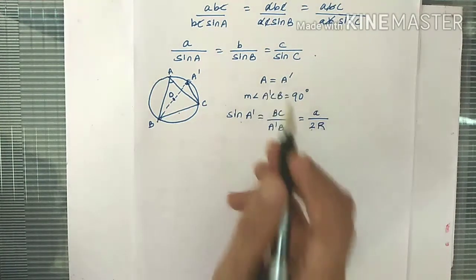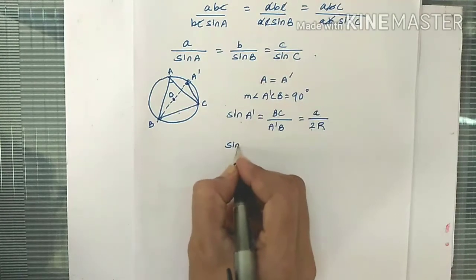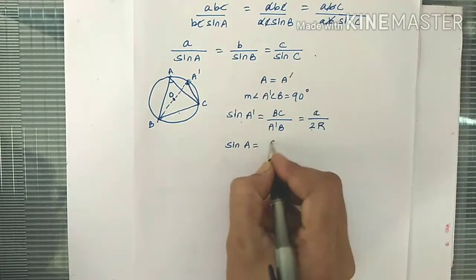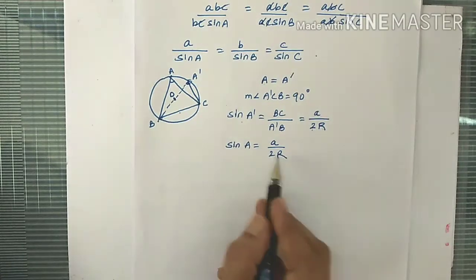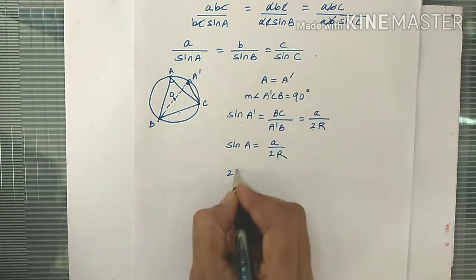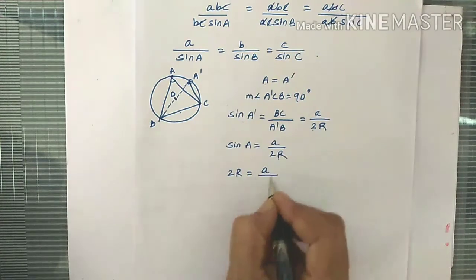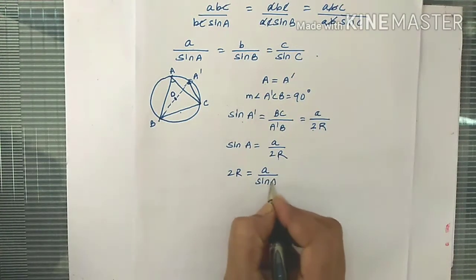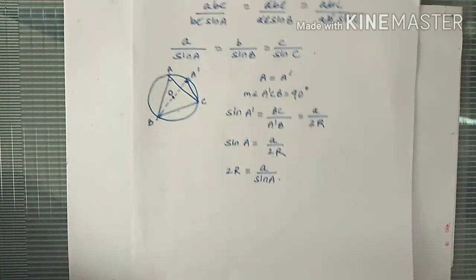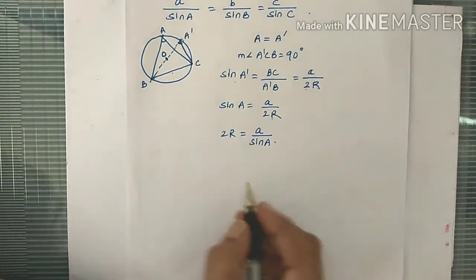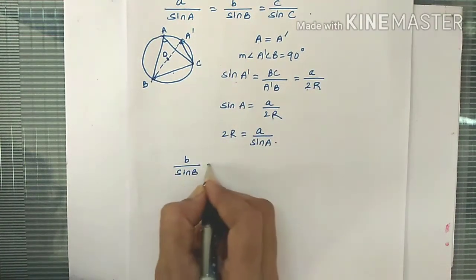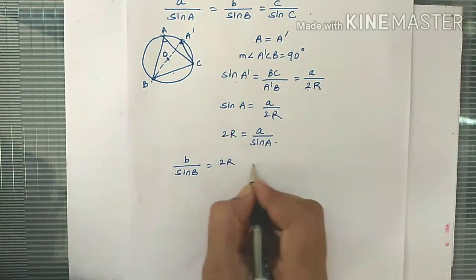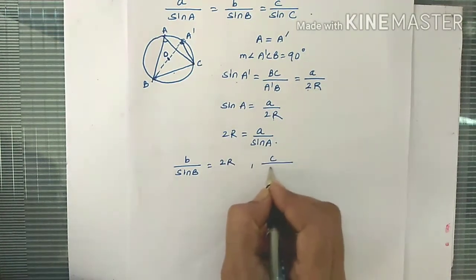But A dash and A are equal, so we can replace A dash by A. So sine A is equal to a by 2R. Now interchanging these two terms, we get 2R equal to a by sine A. That means the value of a by sine A is 2R. Similarly, we can prove b upon sine B equals 2R and c by sine C equals 2R.